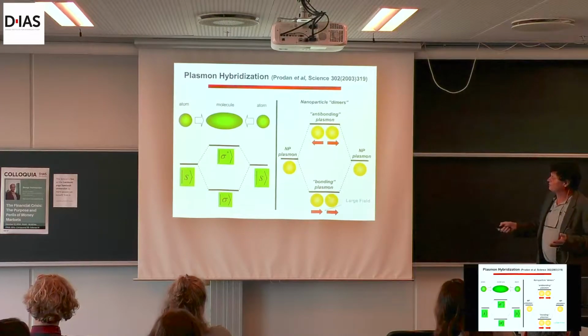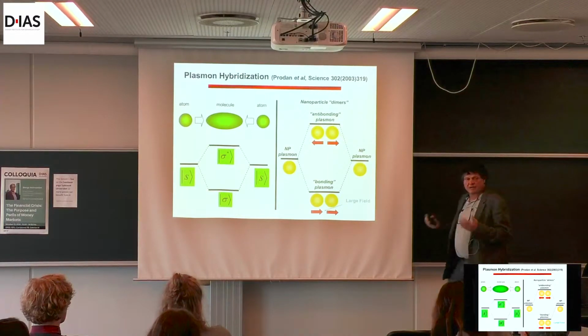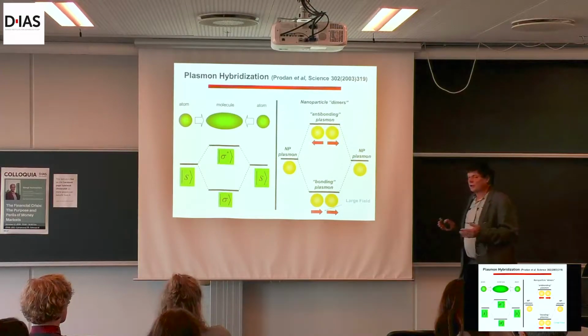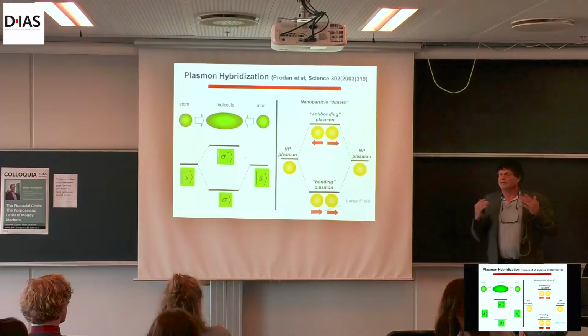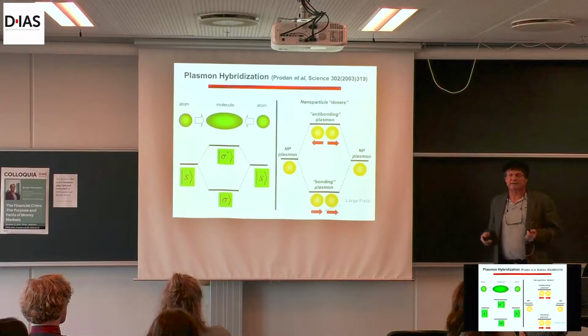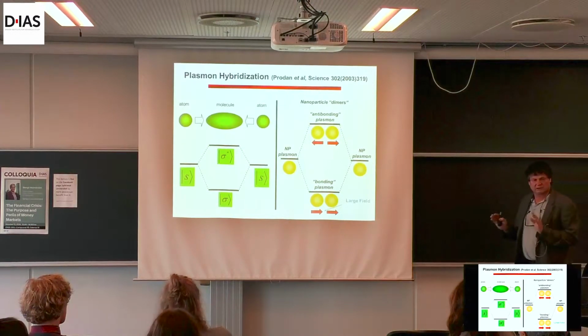So we form this bonding mode where we have a very large dipole moment. This is the reason why we have these large field enhancements in the dimer. And more importantly, it brings this plasmonic problem into more mainstream science like molecular orbital theory and quantum mechanics. So that was my introduction, and now we will be a little bit more specialized.